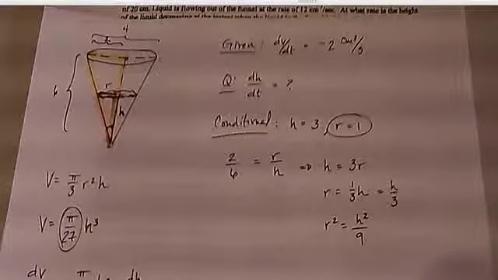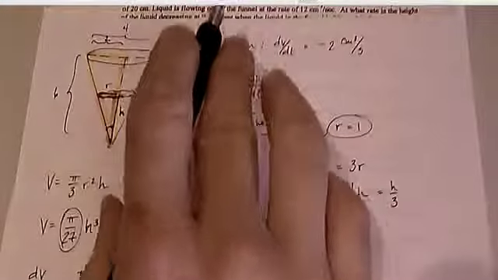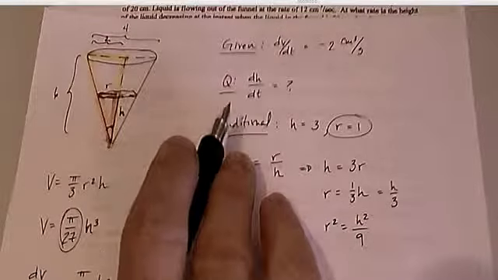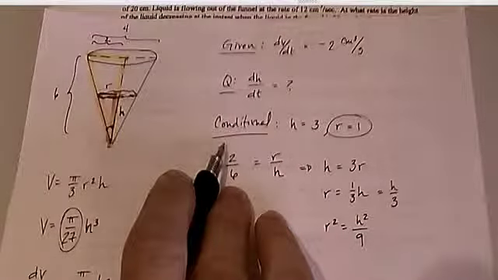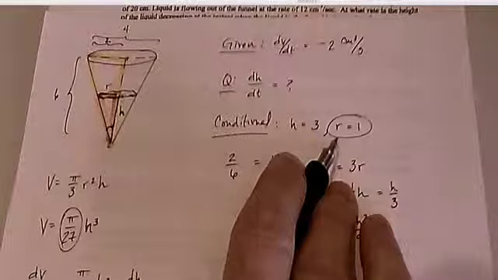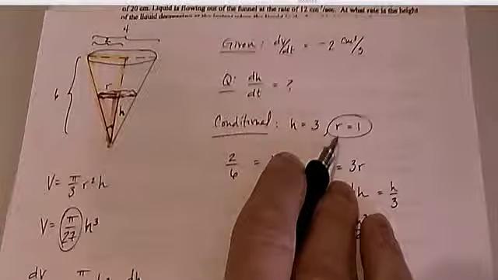Now, that I've done 2 more for you. I've done one which involved right triangles. I've done another one which involved similar triangles embedded within a cone. But it was the same sort of procedure that I went through every single time. Draw the picture. Identify the given information, the question, and the conditional information, trying to figure out any implied conditional information that might be necessary.